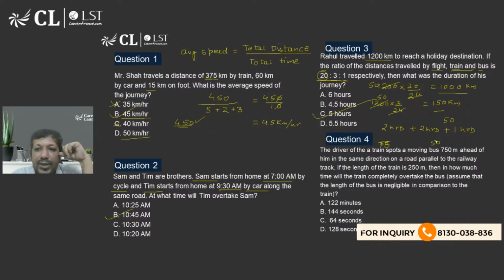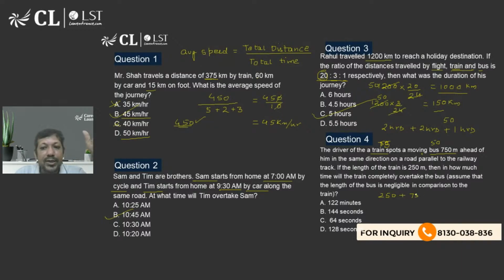Okay, so in this case the train is crossing a bus, which means it is crossing its own length. So the total distance traveled is going to be 250. Now, it says the bus is moving 750 meters ahead. So the train has to cover that gap, that is 750 meters plus its own length.